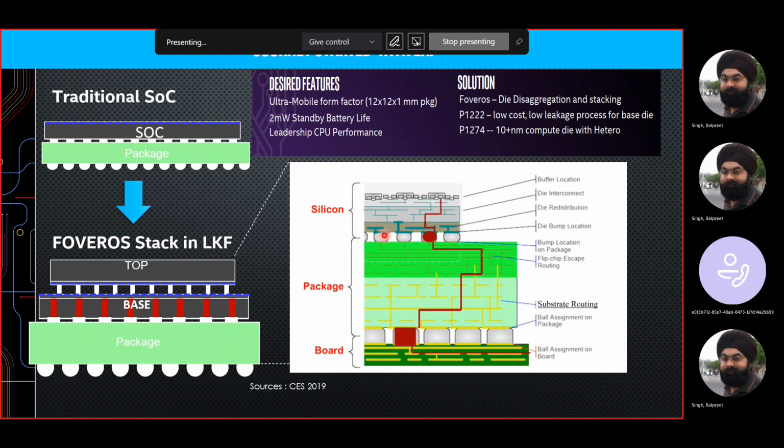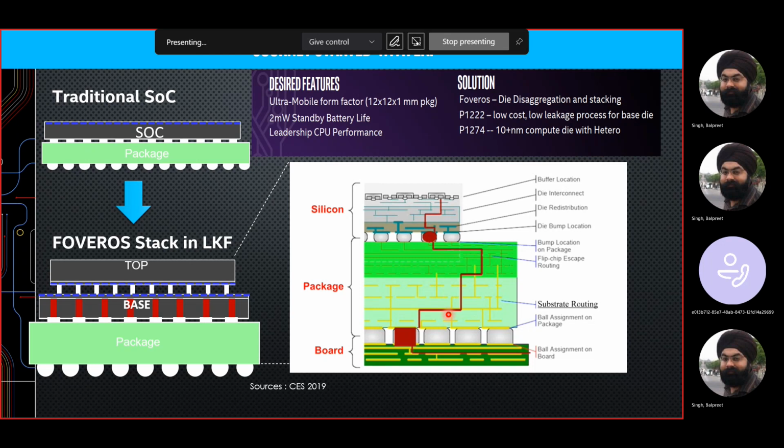So if you think about the silicon, package and the board, electrically, you have to articulate the extra delta between monolithic and 3D IC, or Foveros, where different companies have different code names. Basically, primarily, it is the stacking technology; I'm using a generic term.